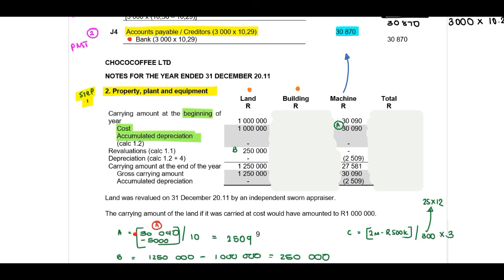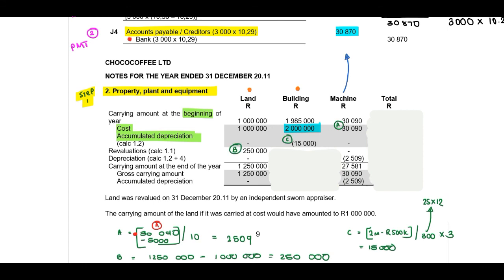Times 3. Therefore, in terms of an opening balance, the value of your building will be your cost of 2 million minus your 15,000 depreciation, which we have calculated in calculation C at the bottom.